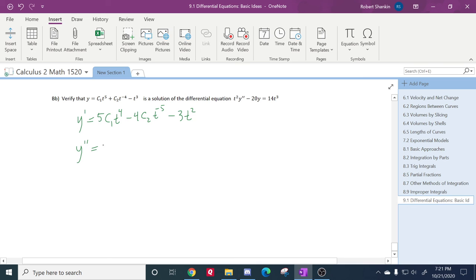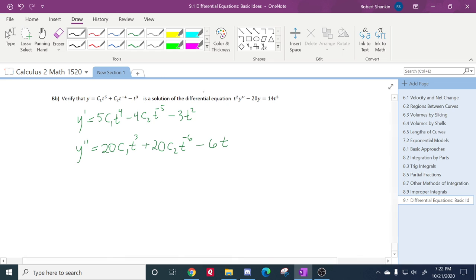And multiply this down, that's 20 c1 t to the 3rd, negative times negative is plus 20 c2 t to the negative 6 minus 6t. And then I take this equation here and I rewrite it, but t squared times y double prime. But the y double prime is this.